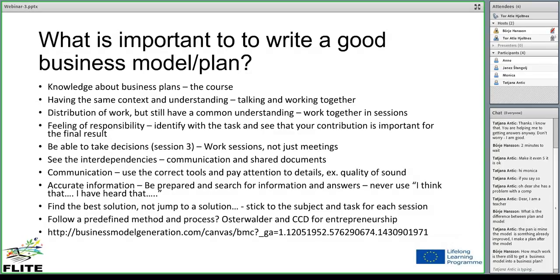And this will hopefully help you work in a better way, and it will be easier for you, since many of you are not experienced entrepreneurs from the past. It will help you focus in the same way and achieve your goal of making a business model and a business plan.